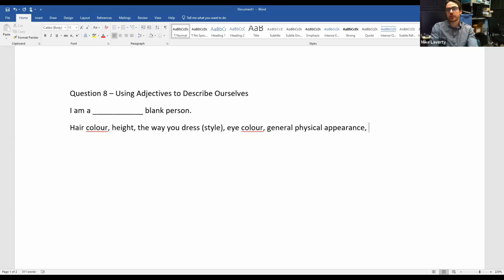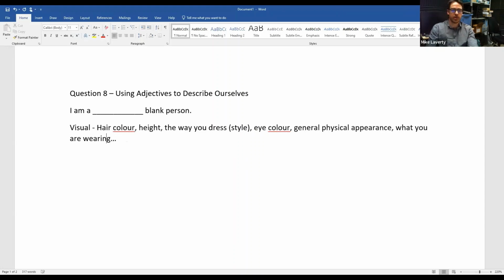Talk about your skin color, whether you wear glasses, what you are wearing, do all kinds of things, right? These are all just visuals.